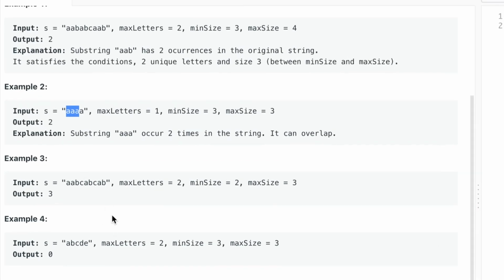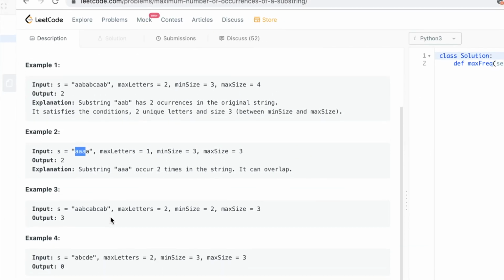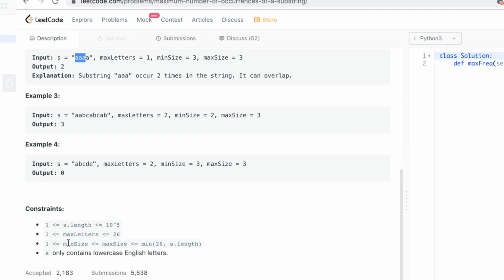You could take a look at the rest of the examples, but essentially that's the idea. And min size, max size are just from 1 to 26. We have only lowercase English letters, and S can be relatively big.